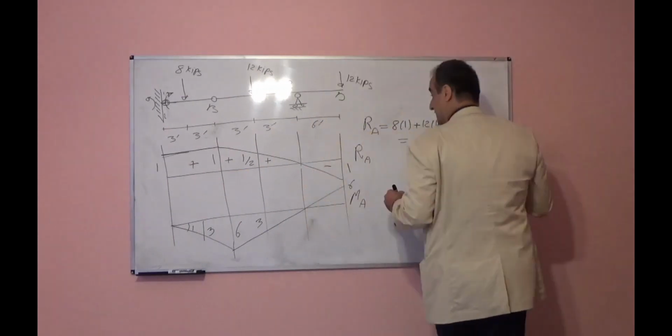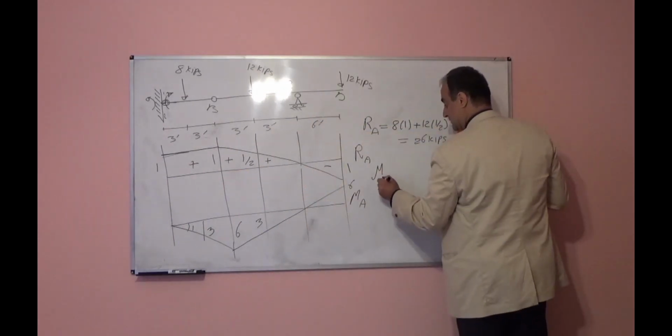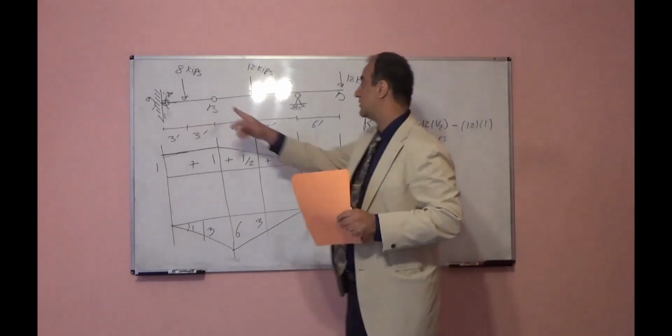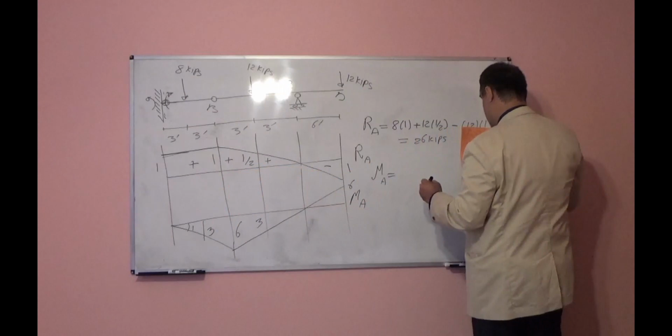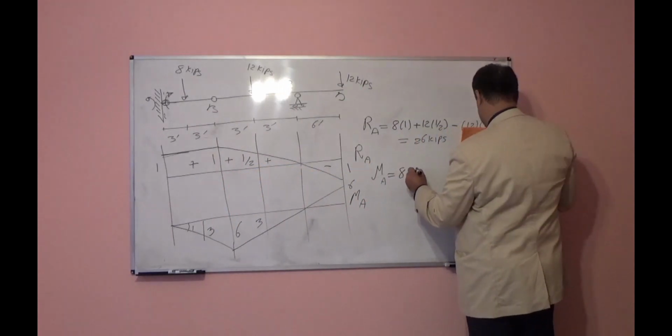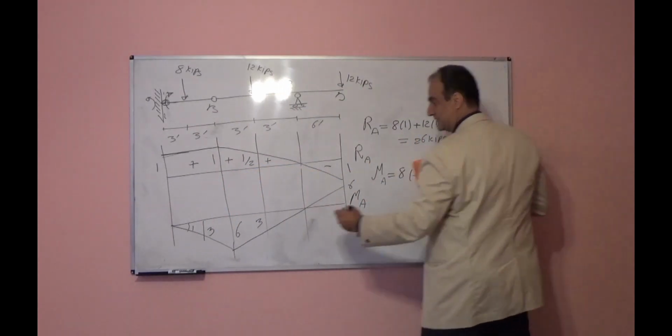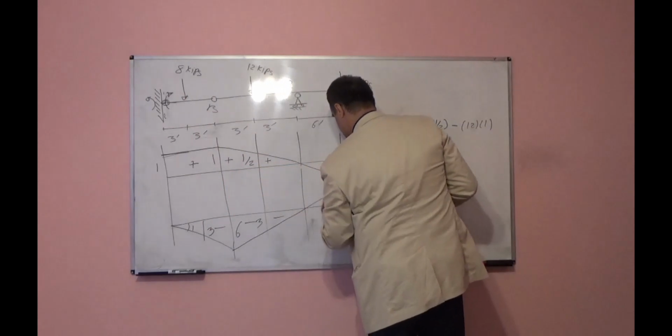Moment at point A: load times the height underneath the load. 8 times negative 3, because this is negative, negative, negative, positive.